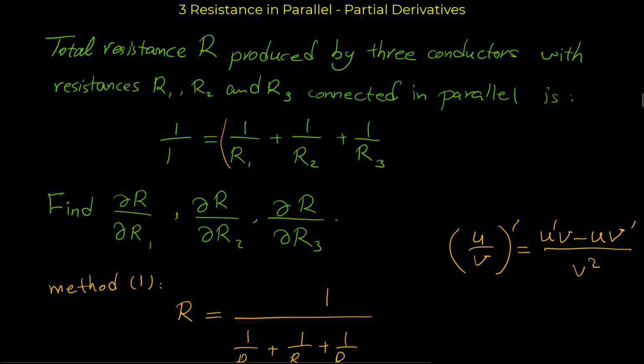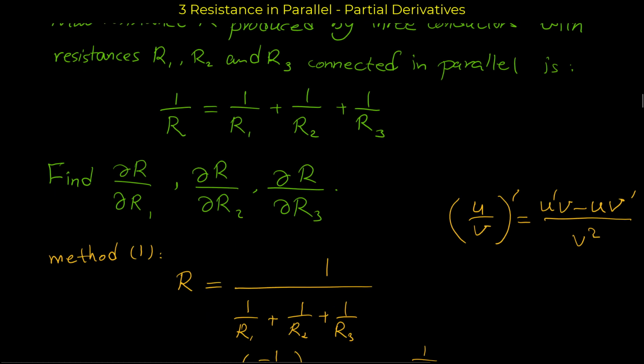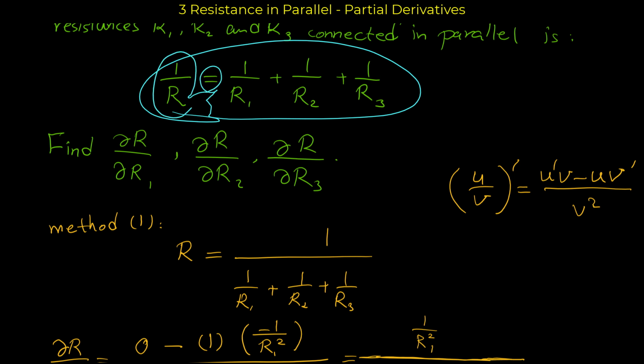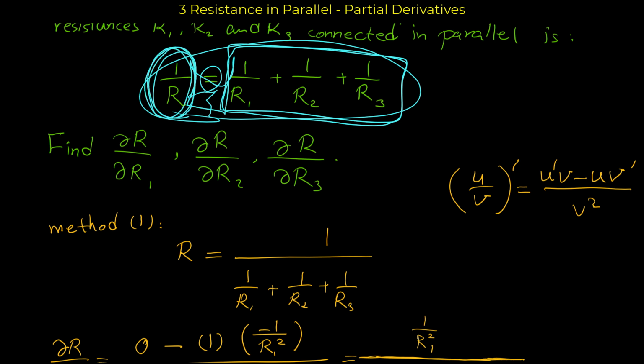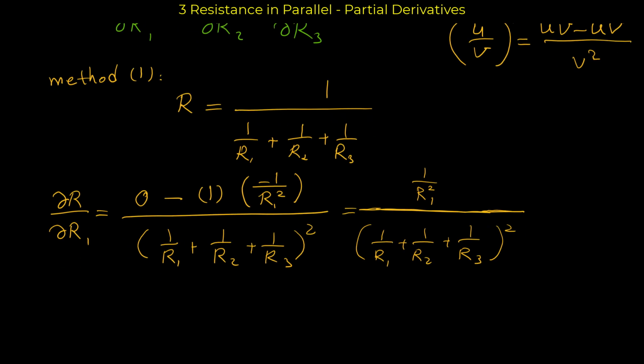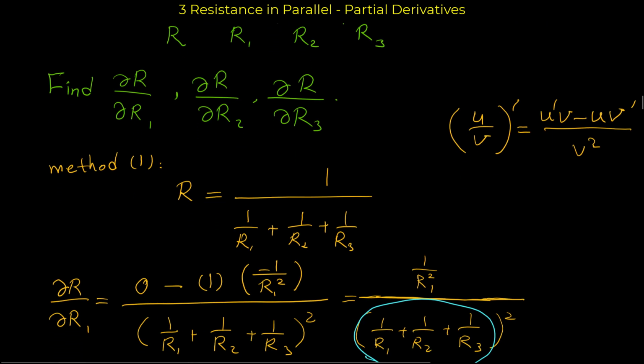Remember the formula that we had here. In here it was 1 over r here. I erase this. We know that from the given relation, 1 over r1 plus 1 over r2 plus 1 over r3, focus on here, is equal to 1 over r. So whenever we have this, we can replace all of this with 1 over r, because from that relation we know that it equals 1 over r.